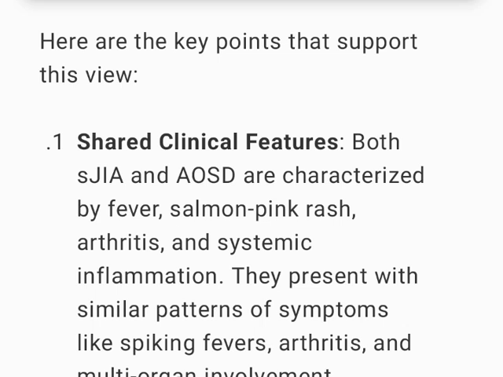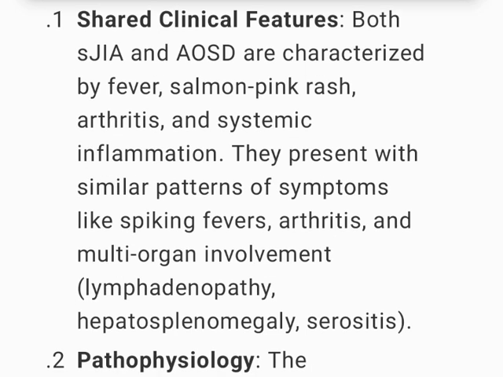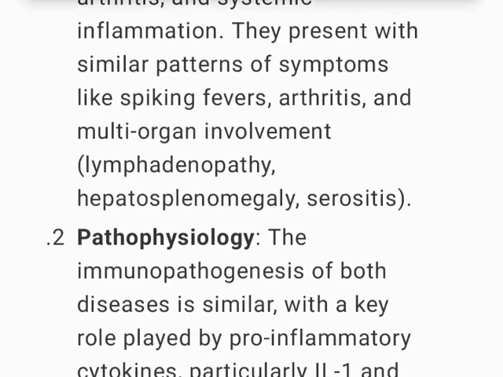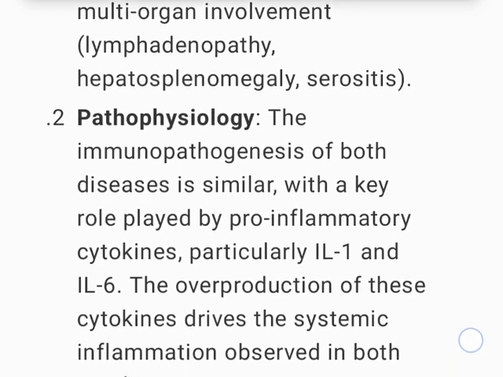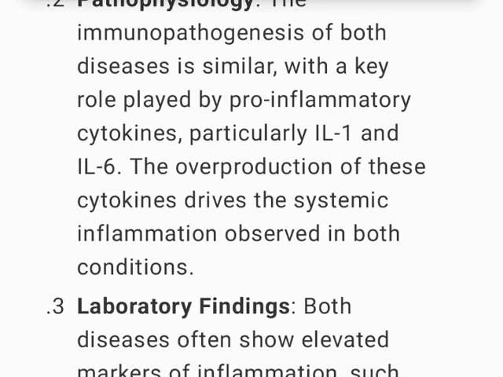1. Shared clinical features. Both SJIA and AOSD are characterized by fever, salmon pink rash, arthritis, and systemic inflammation. They present with similar patterns of symptoms like spiking fevers, arthritis, and multi-organ involvement, lymphadenopathy, hepatosplenomegaly, serositis. 2. Pathophysiology.